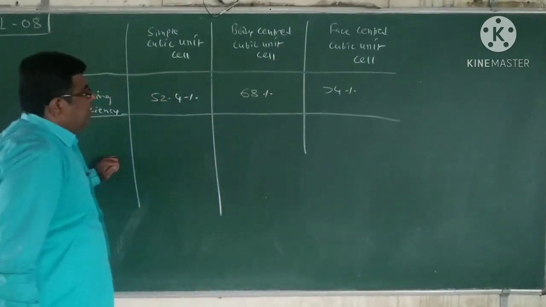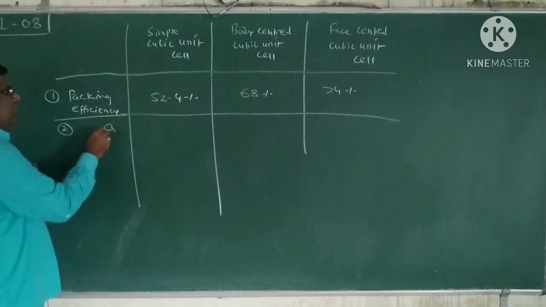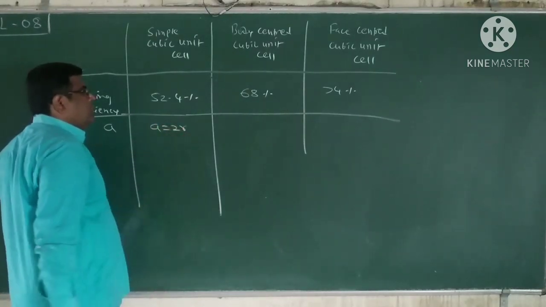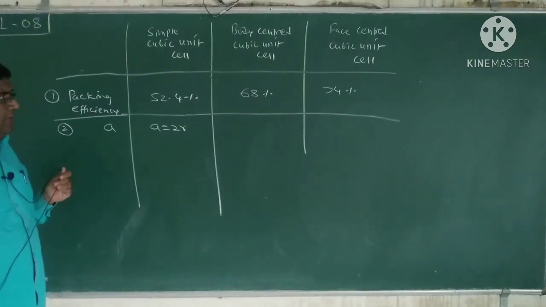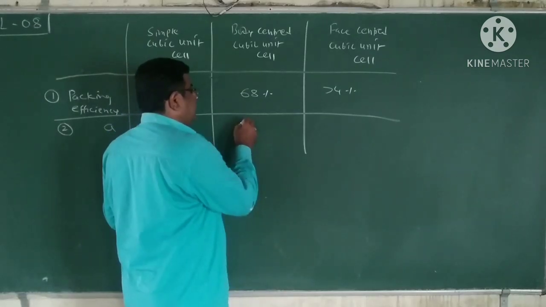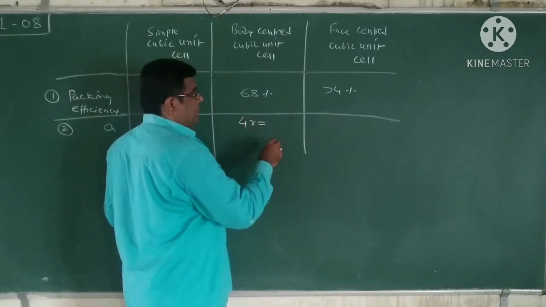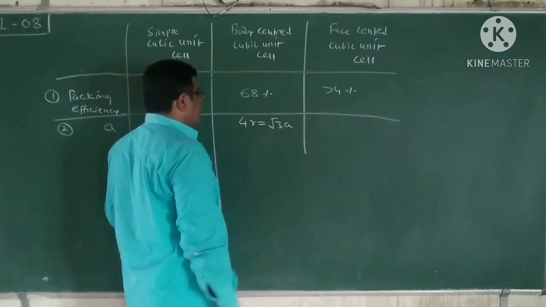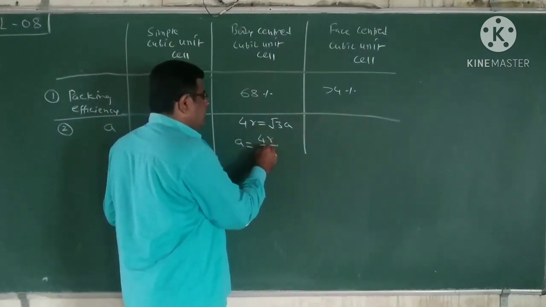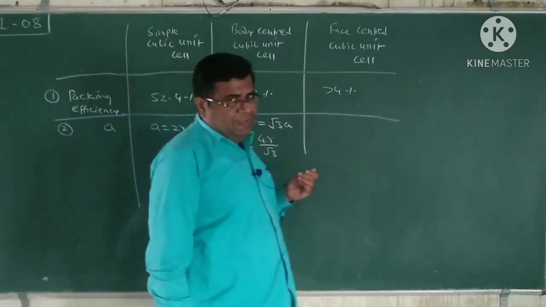The second part, we can talk about the edge length, a value. a equals 2 times the radius here. In BCC, we have to write 4 times the radius is equal to body diagonal, which is root 3 a. That's why a is equal to 4 times the radius divided by square root of 3.